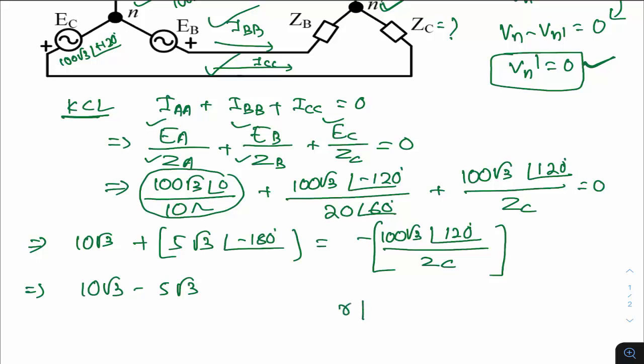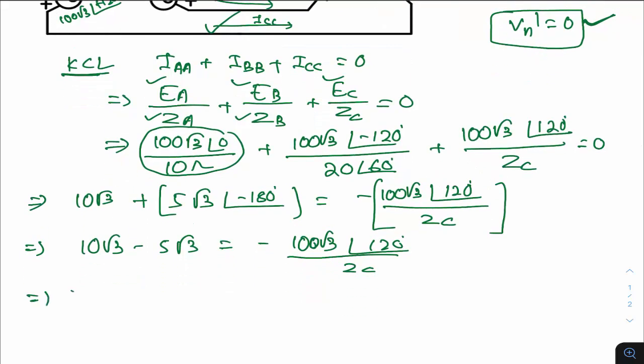I mean to say R at an angle of plus or minus 180 degrees is equivalent to minus R. Like R at an angle of 0 degrees is plus R, and R at an angle of plus or minus 180 degrees is minus R, right? So I hope you have this basic. So this is equivalent to minus of 100 root 3 at an angle of plus 120 degrees divided by ZC.